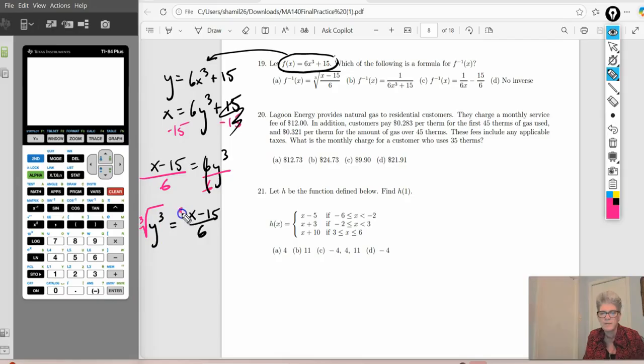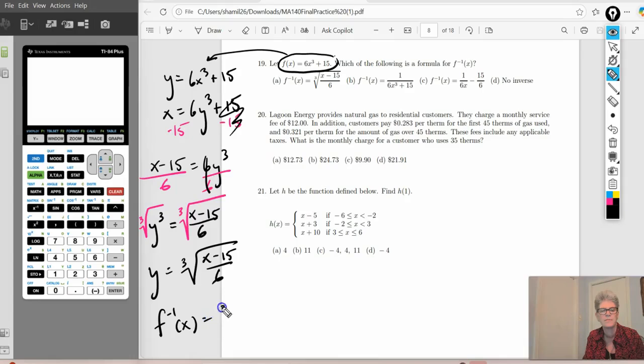But what I do to one side, I have to do to the other side. And so I have that, and once I have y by itself, I'm basically done, because that is the formula for the inverse. And so the answer there is going to be A.